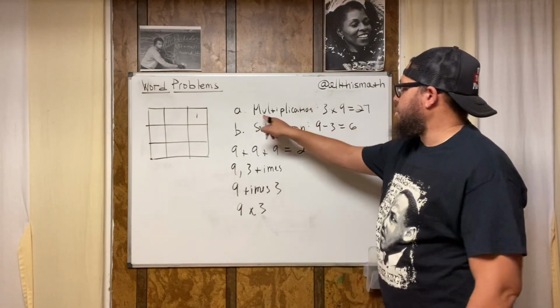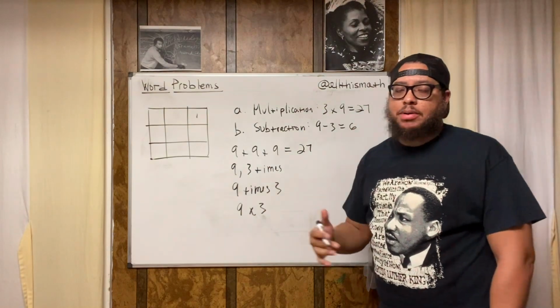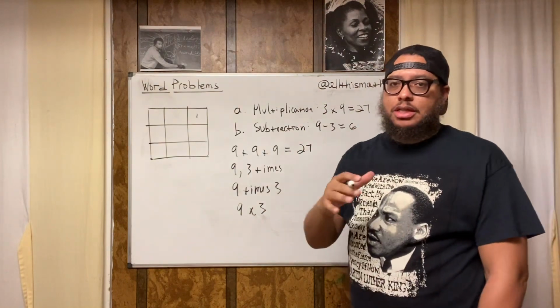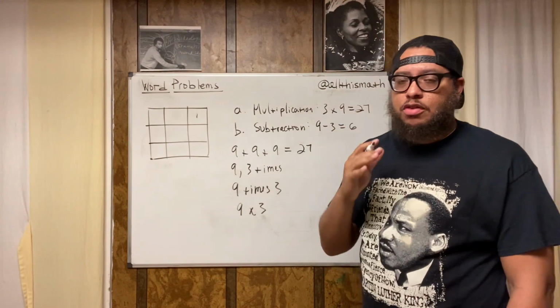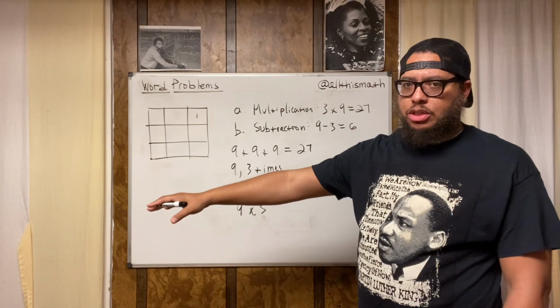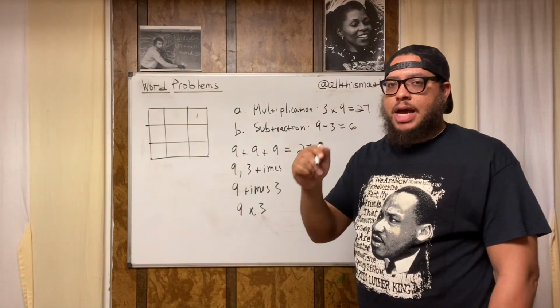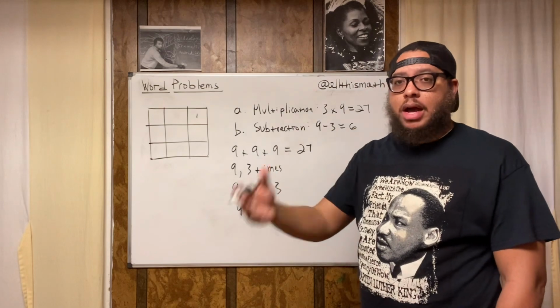Now you look up here, you see multiplication, but it says 3 times 9. There's a rule or a property called the commutative property, which says this, and you should memorize this. The commutative property says that when you're doing multiplication, and it also applies to addition as well, the order of the numbers does not change the result or the product.